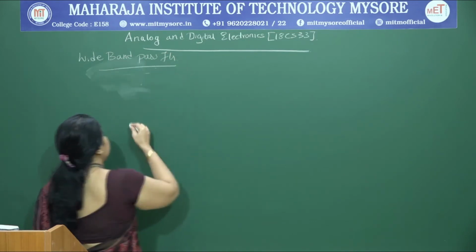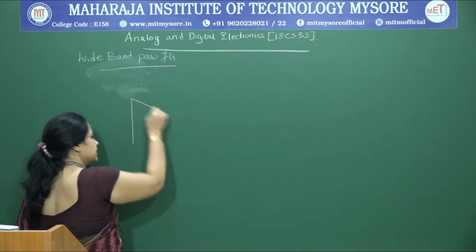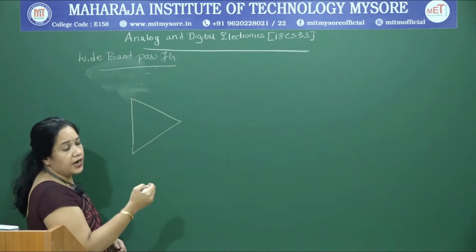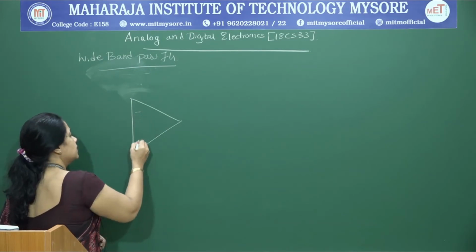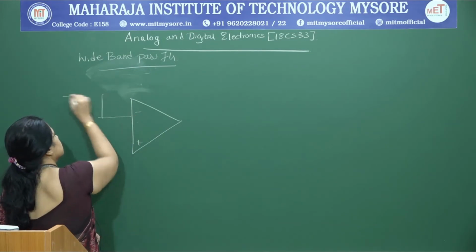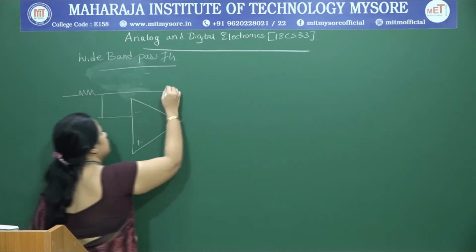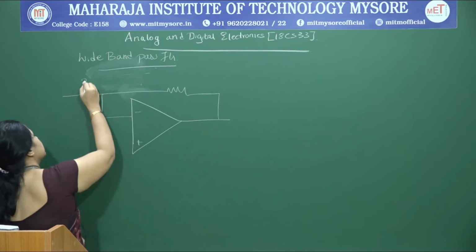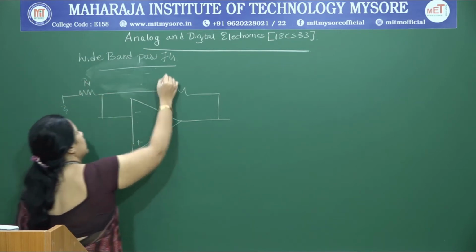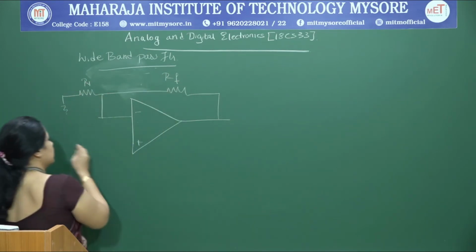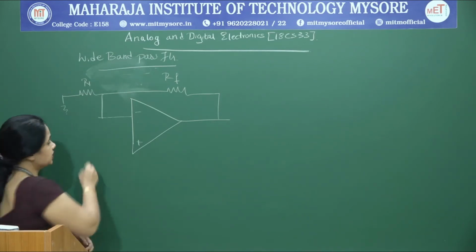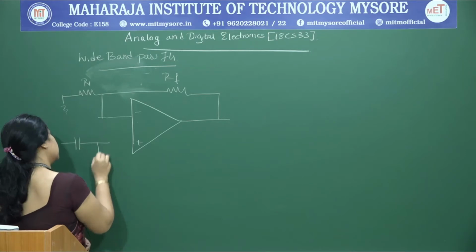It is simply a section of high pass filter followed by a low pass filter. In our previous discussions we looked into a high pass filter which looked something like this. We have R1 and RF, and when it comes to a high pass filter we have a capacitance in series and resistance in parallel.